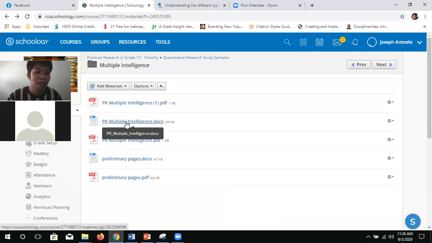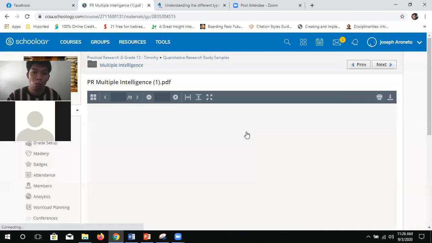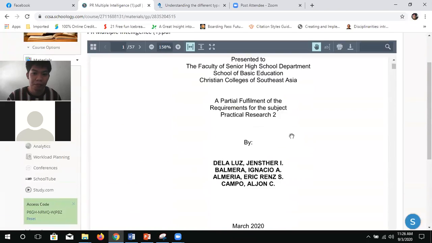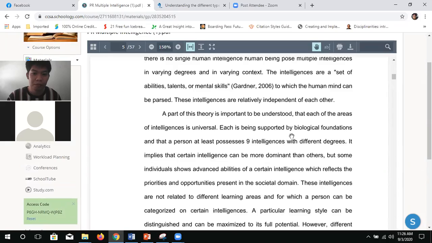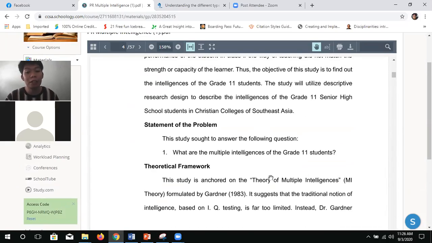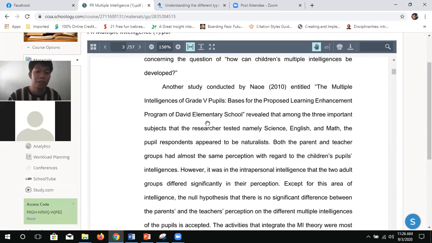Tingnan natin yung SOP nila. So ito yung SOP nila: what are the multiple intelligences of the grade 11 students? So only one variable for this study.